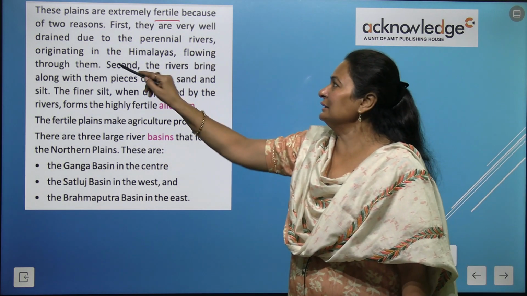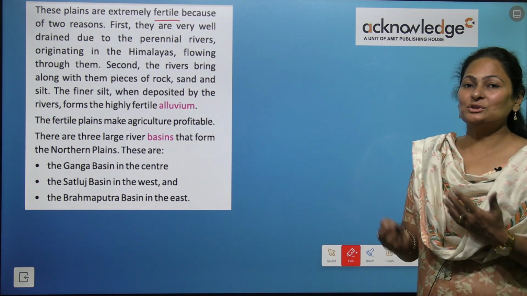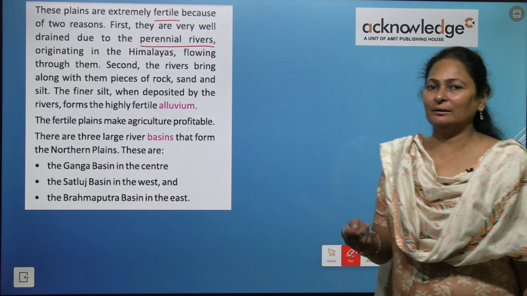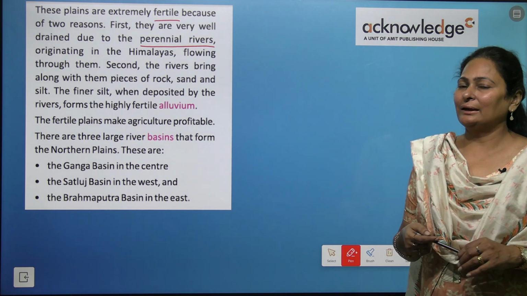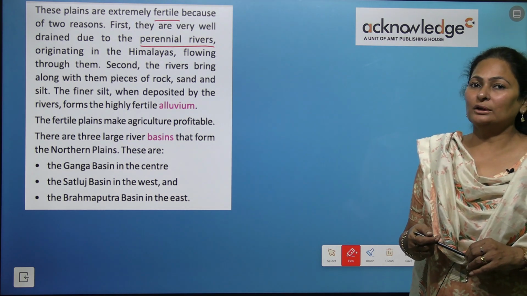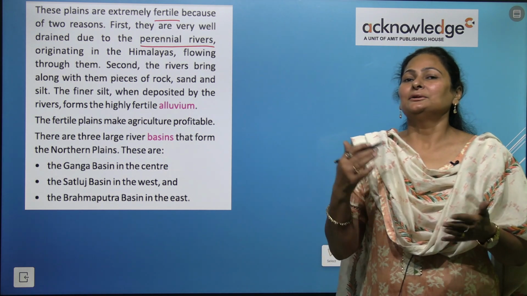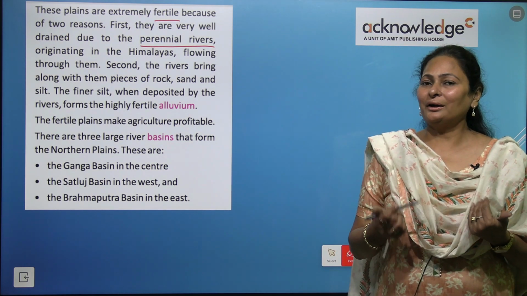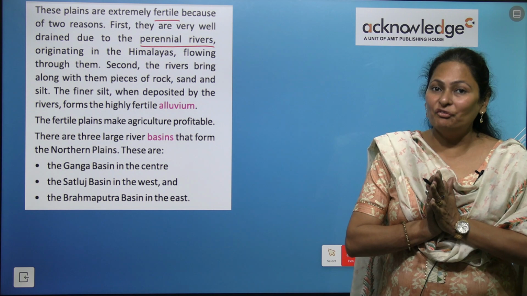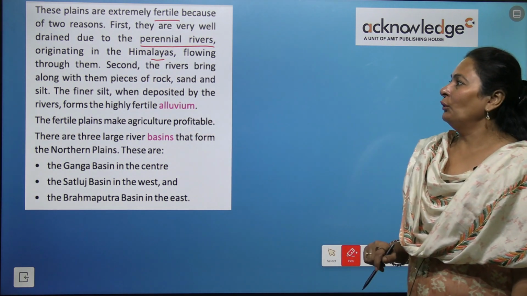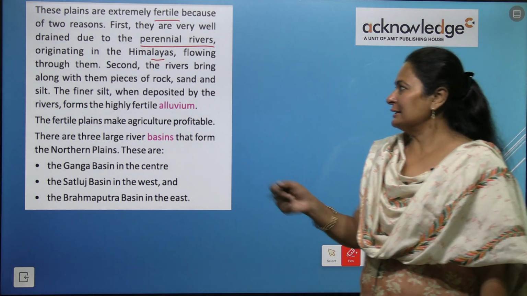First reason is they are very well drained due to the perennial rivers. We have learned about perennial rivers, the rivers that are full of water throughout the year, right? So because of this, cultivation or irrigation is very easy. Originating in the Himalayas, flowing through them. And which is the second reason?